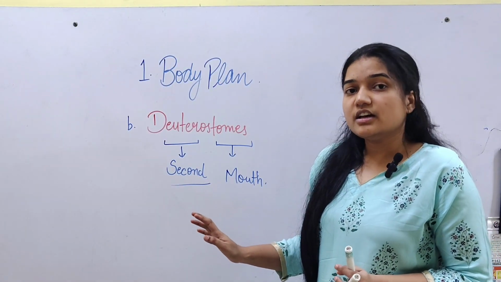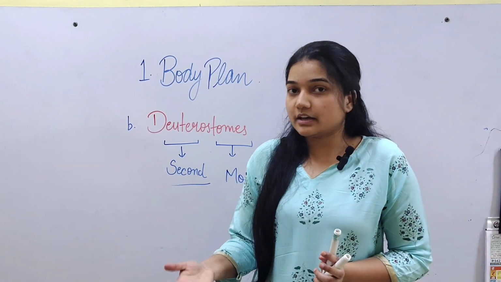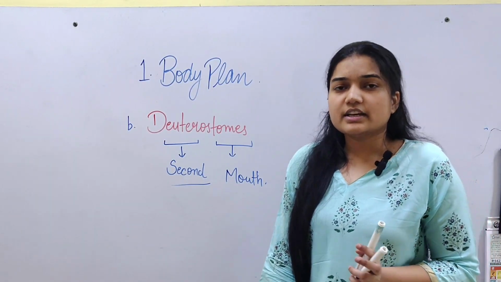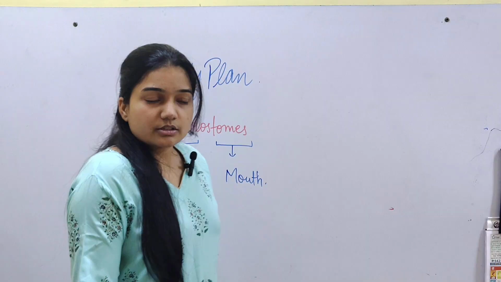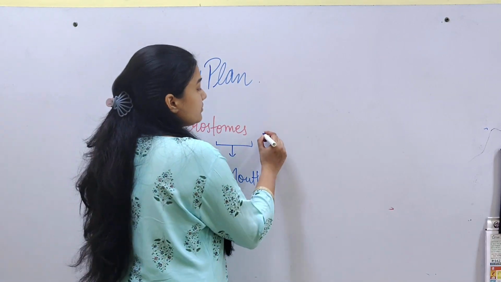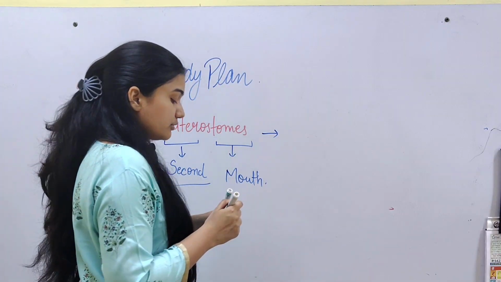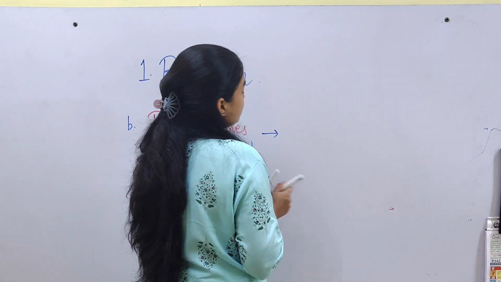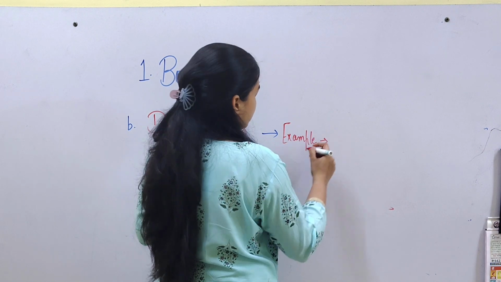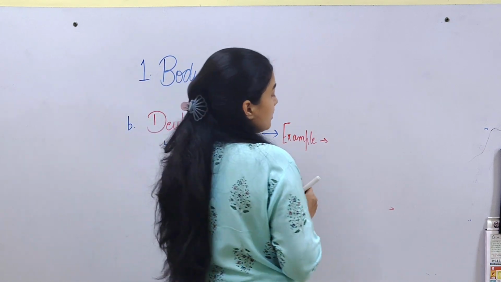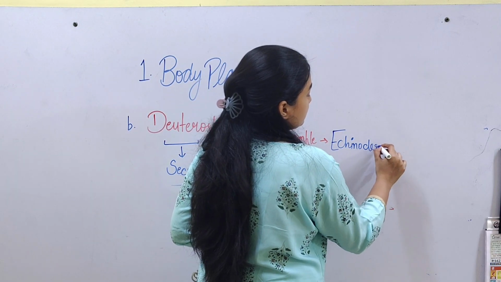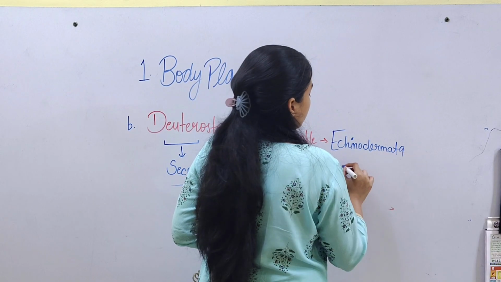So firstly the anus forms in the embryo and secondly the mouth forms. Examples of phyla which have deuterostomes are Echinodermata and Chordata.